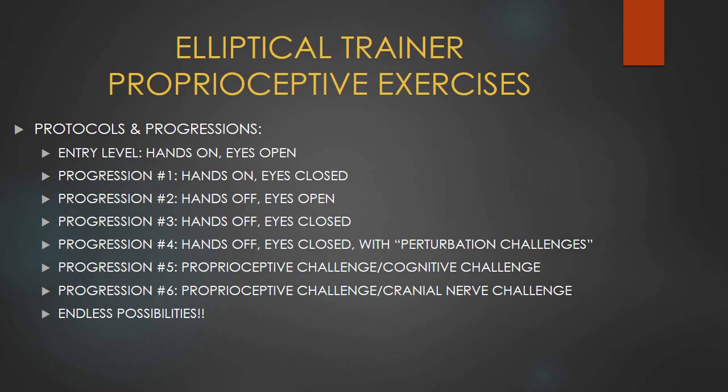Leave your hands on the handles, continue with your cadence, but close your eyes and feel your feet and feel the sequence of the motions through the ankles, through the knees, through the hips, and become accustomed to the feeling of these motions, the neuromuscular sensation of these motions with your eyes closed.